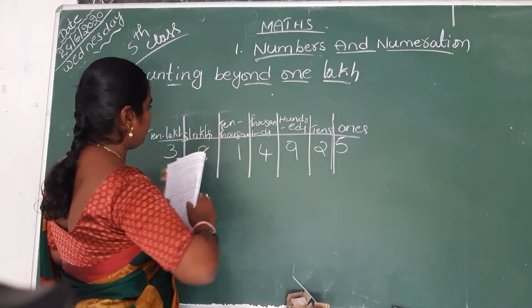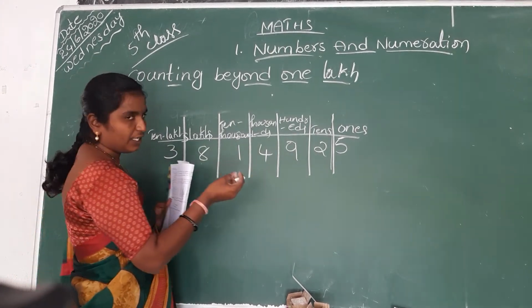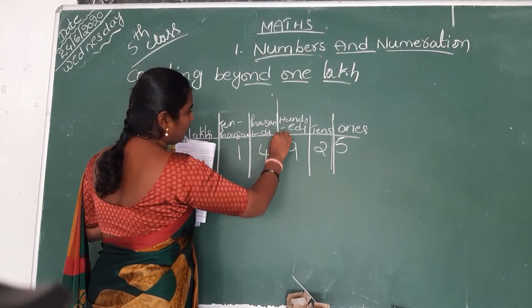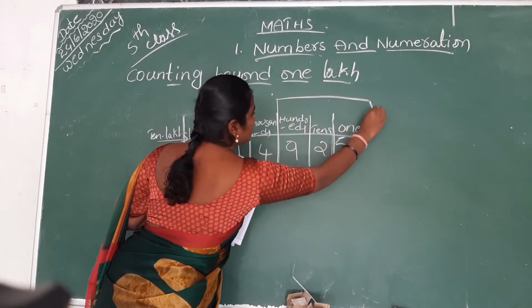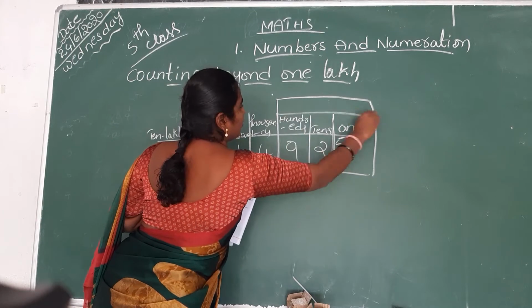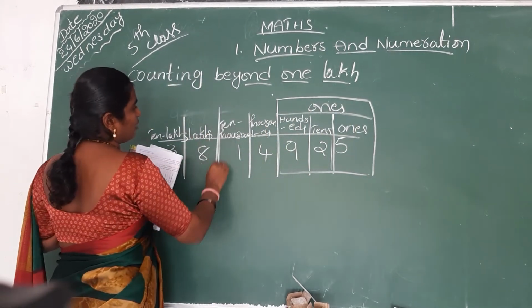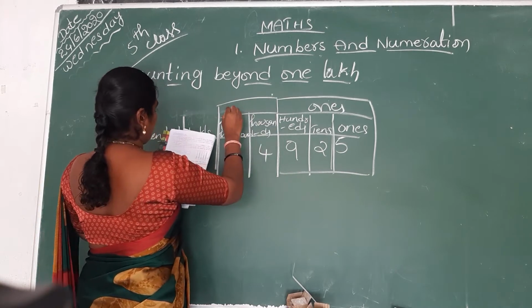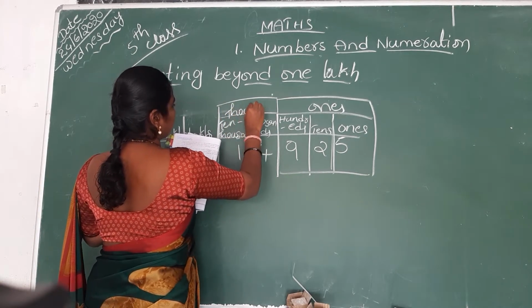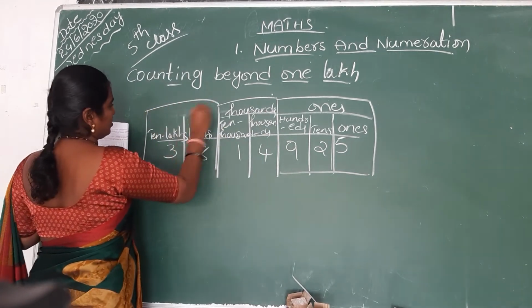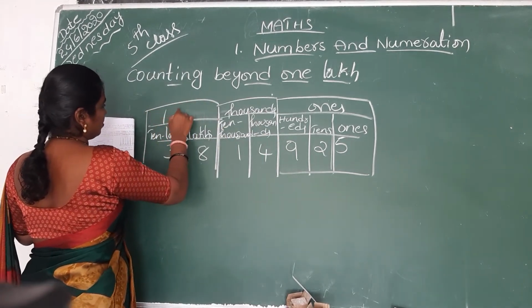Now if we want to put commas in this number, how do we have to put them? These ones, tens, hundreds are the ones place values, and 1000 and 10,000 are the thousands place. Lakhs and 10 lakhs is the lakhs place.